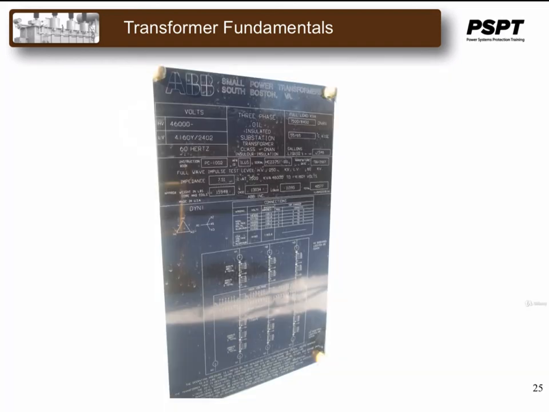Here is a third and our last example. It is a smaller transformer, and it is, I guess, fairly newer because it does have the four-letter IEEE standard designation for cooling method, but it does have a multiple rating as well.